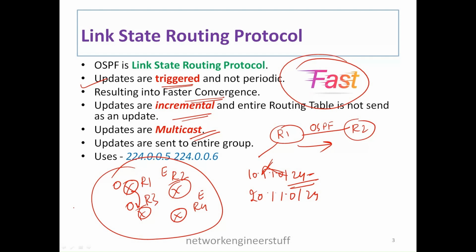It uses the multicast addresses which I have mentioned, 224.0.0.5 and 224.0.0.6. So these are the two IP addresses which OSPF uses. Of course, there are some exceptions to it. When the adjacencies are first getting formed, there are some messages which will be unicast to a specific neighbor. Again, we will understand those things in more detail as we go on studying this series.